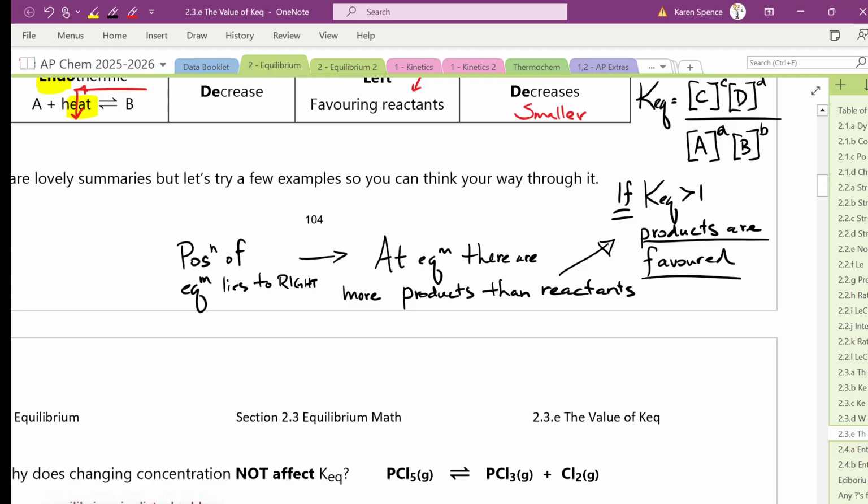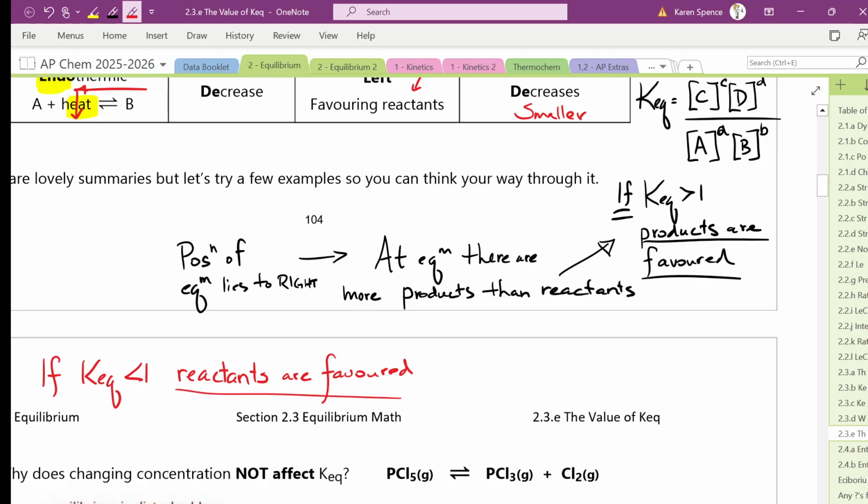Let us do the contrasting one. If KEQ is less than 1, what can we say? We can say that reactants are favored. And what does it mean when we say reactants are favored?